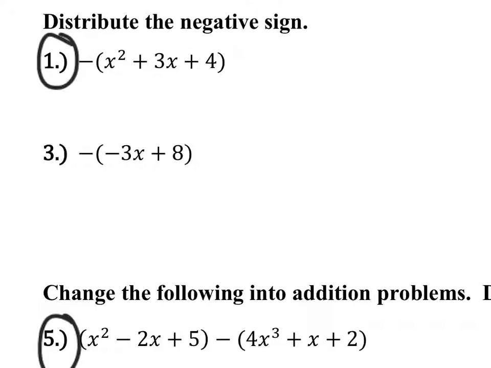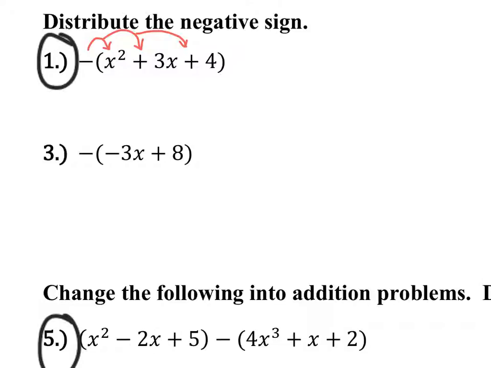So, when it says distribute the negative, that means we need to multiply all these terms by -1, essentially. The easiest thing to think about is that you just need to change all the signs in front of all the terms.